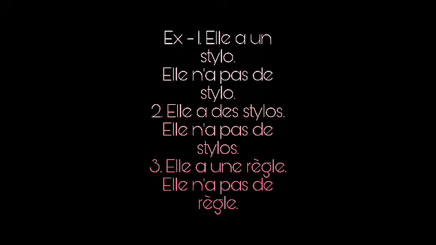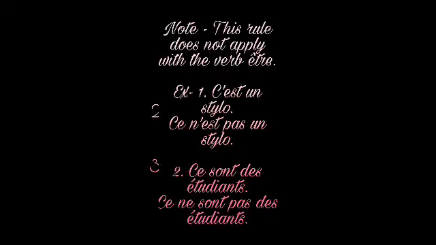Okay, now the note part. This rule does not apply with the verb être. This indefinite article rule will not be applied when there is the verb être. Example, c'est un stylo. Ce n'est pas un stylo.